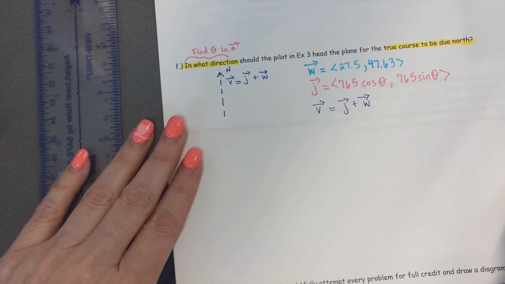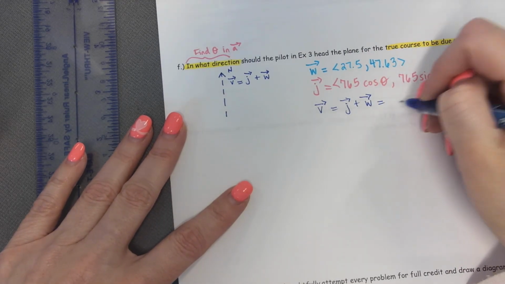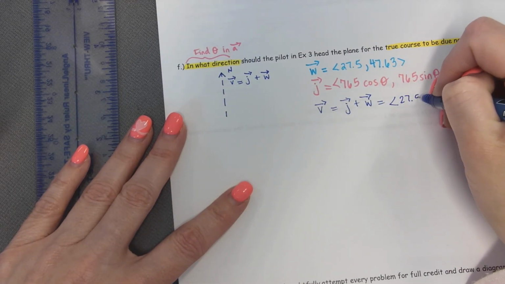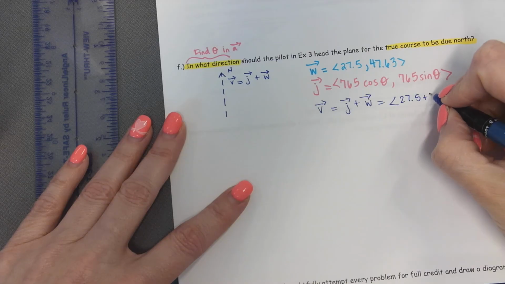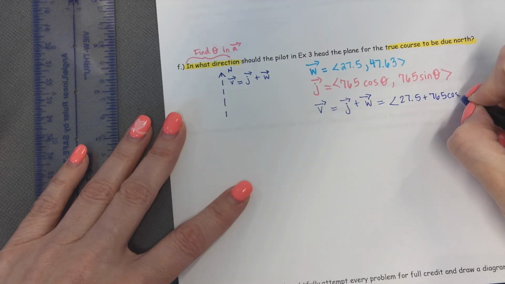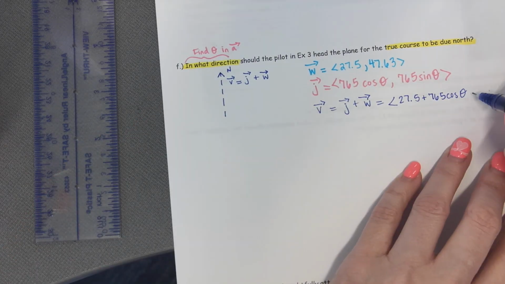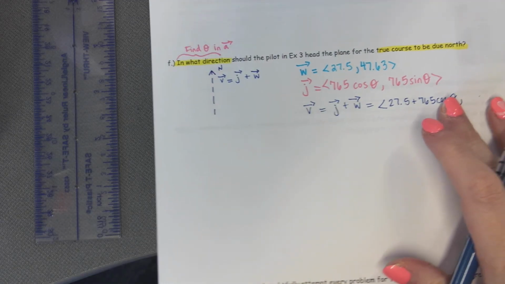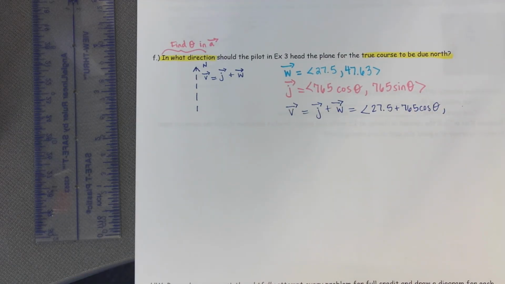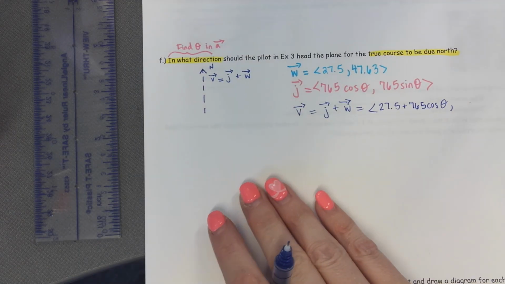So when we add those together, we have 27.5 plus 765 cosine of theta. So it is an expression. And then see if you can write down the vertical component.